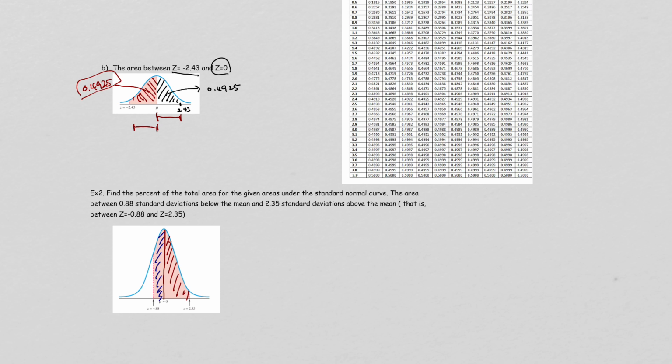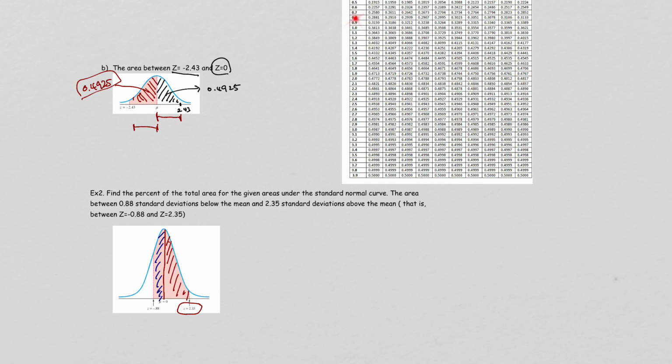So area under 2.35, 2.3 and 5. 0, 1, 2, 3, 4, 5 will be that number. It's going to be 0.4906. And then this area right here is going to be the same thing as the area under positive 0.88.